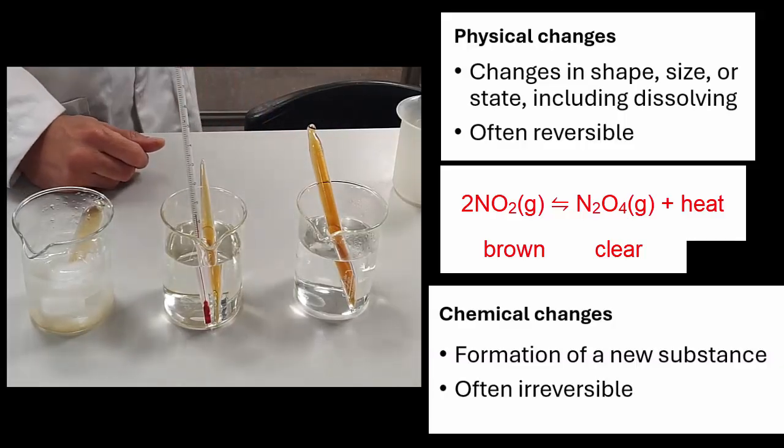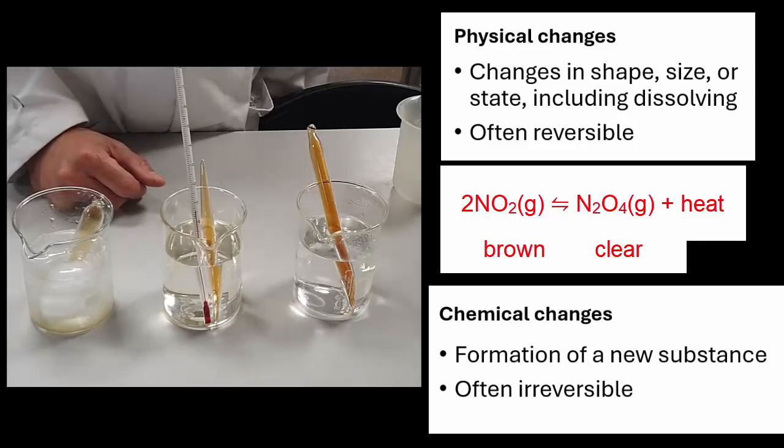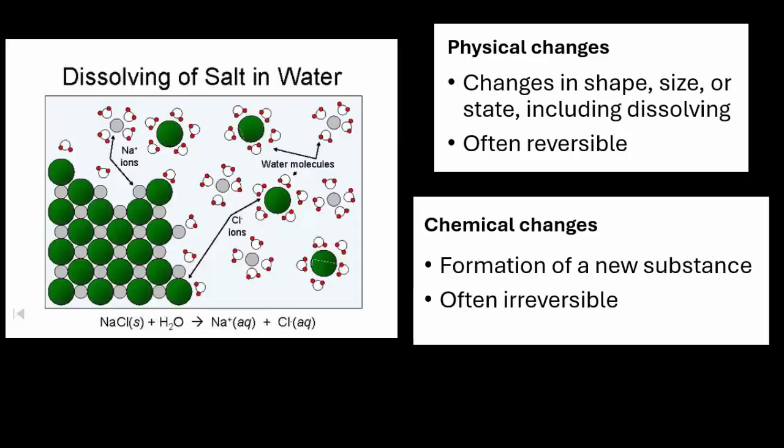Okay, and the last one obviously is, well, usually we talk about chemical reactions. So if I just jump over to here, formation of new substances. So it's really, if you go into a bit more detail, it's the breaking and forming of bonds. But dissolving is here, breaking of ionic bonds.